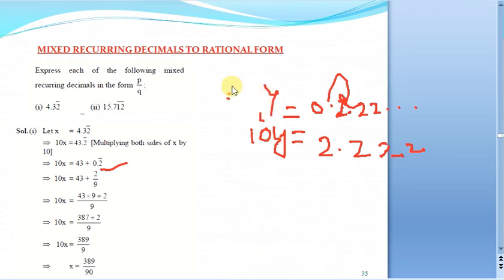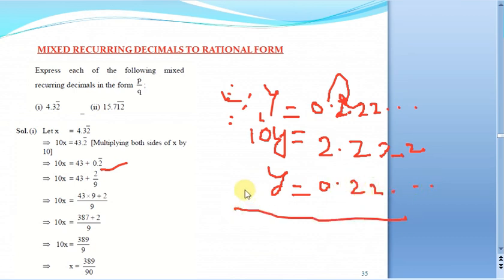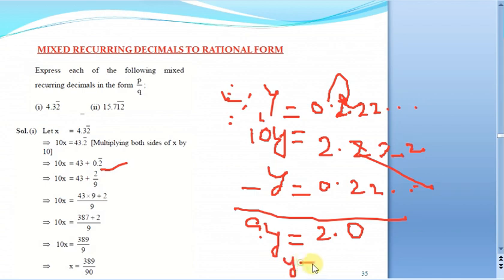So let us say this is 1 and this is 2. I am doing this part separately now. When I subtract, this side it will be 9y and this side it will be 2, and the entire decimal part will be 0. So I am left with y is equal to 2 by 9.